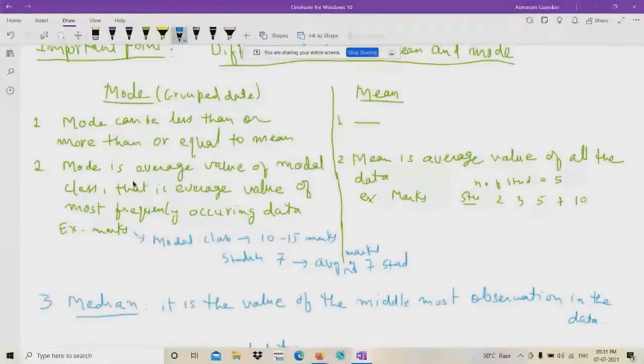Mode is the average value within the modal class, and mean is the average value of all the observations. That is the difference you have to understand between mode and mean.